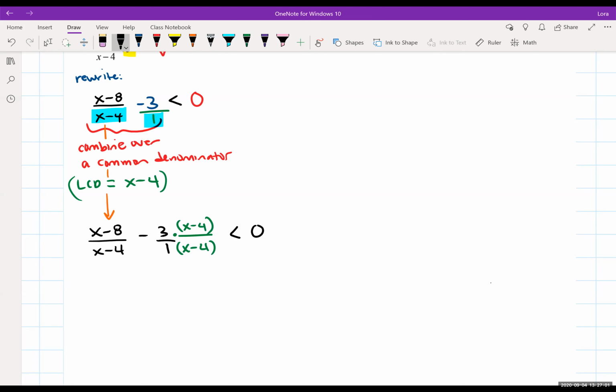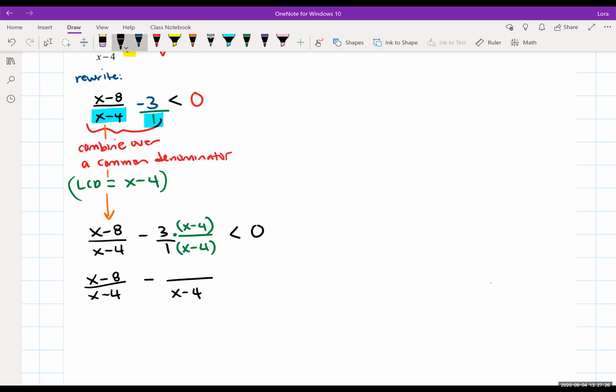So let's proceed. Still have the x minus 8 over x minus 4. And then you'll notice that we now have the x minus 4 in the denominator. 1 times x minus 4 is x minus 4. And there's more than one way to do this. I'm going to take it slower just in case. I know there's some shortcuts we could invoke here.